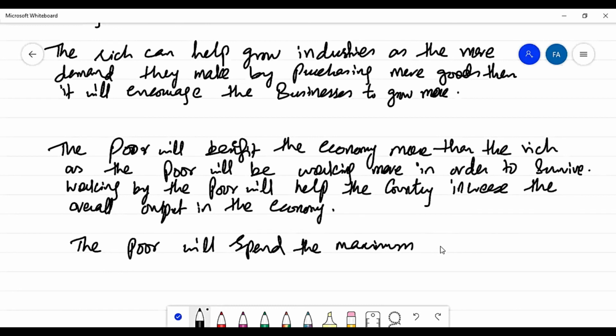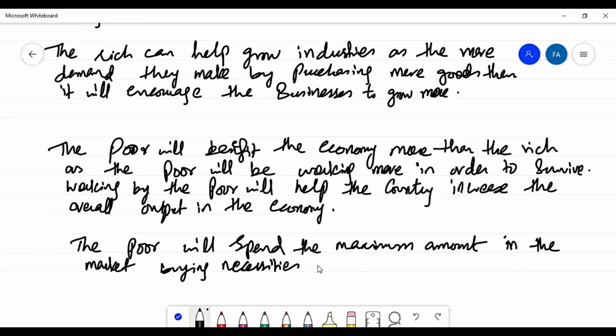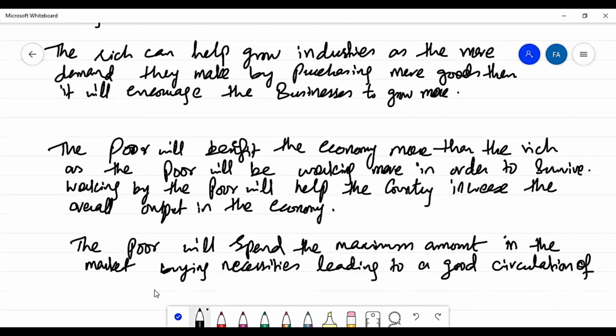The poor will spend the maximum amount in the market, buying necessities, leading to a good circulation of money.